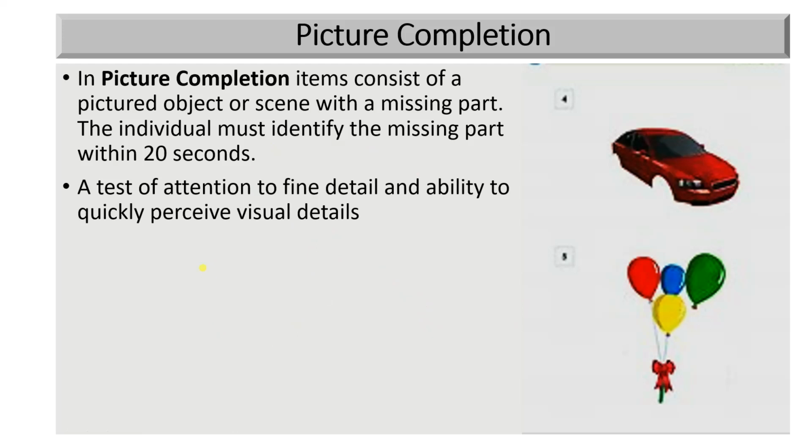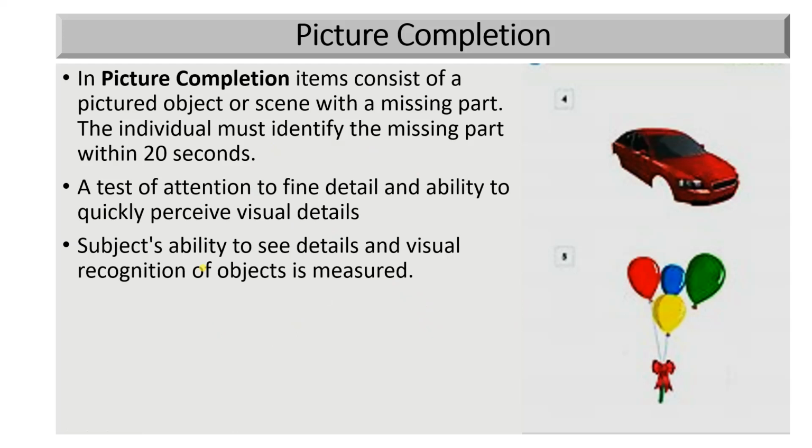This requires attention to fine or minute details as well as the ability to quickly perceive the visual details. If one is not having this ability, then it will be difficult for him or her to find the missing parts. Similarly, the ability to see details and visual recognition of objects is also reflected in this test.